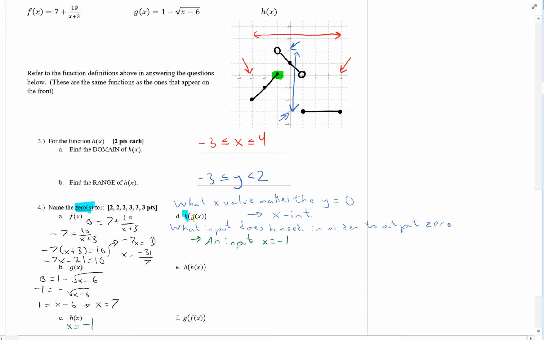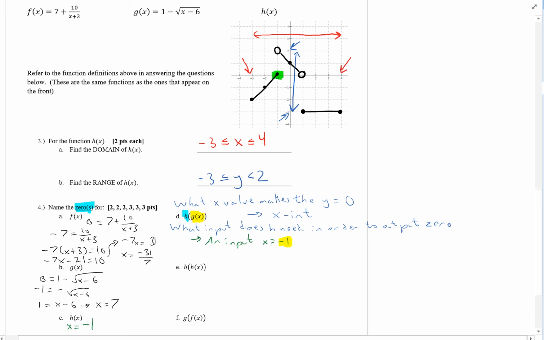So we know that the input of h, the thing going inside h, needs to equal -1. And in this case, the input of h is g. I need to put -1 into h to get out 0.